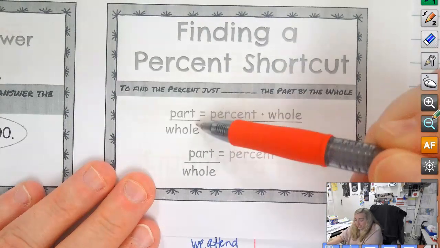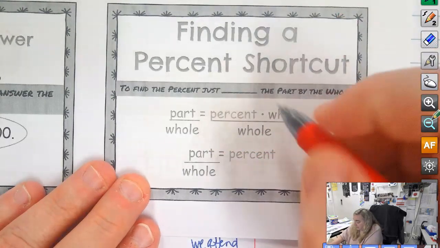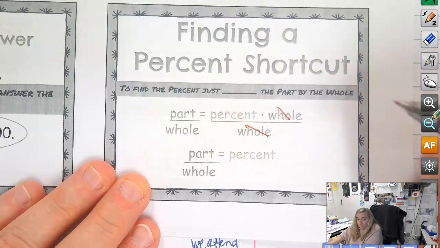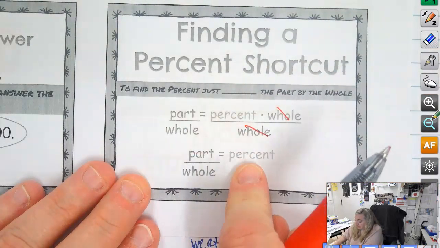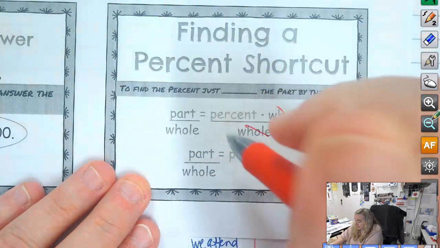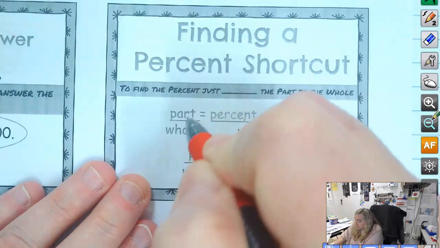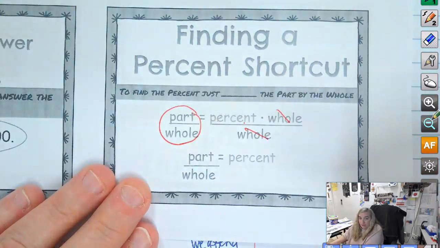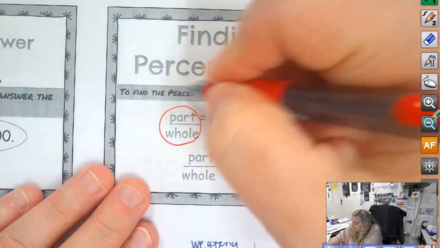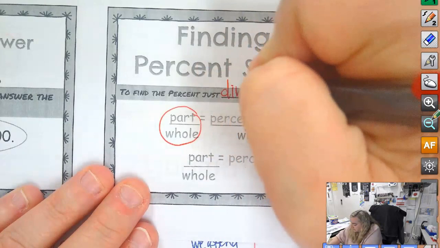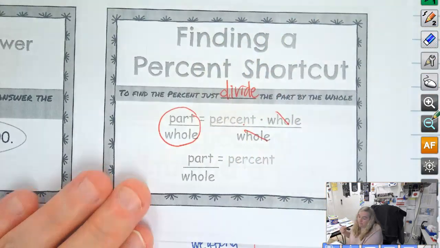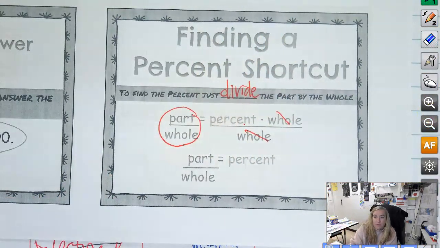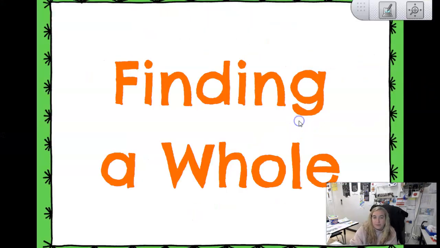And what I did to one side, I did the other. So these would cancel out, which left us with just the percent. So the shortcut, you could say, is just, if you want to get the percent, simply just take the part and divide it by the whole. So to find the percent, just divide the part by the whole.